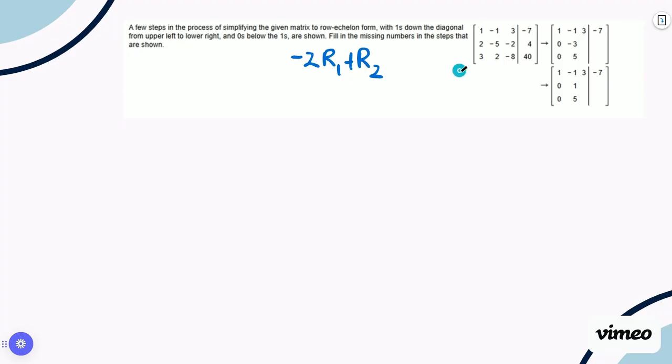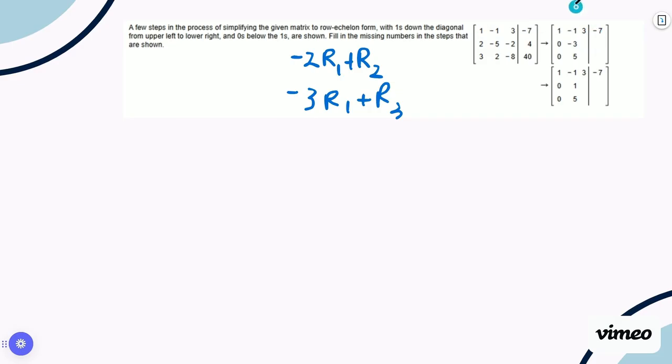That would be negative 3, to get 0. So then I want to multiply everything in row 1 by negative 3, and then we will add that to row 3 to get our new row 3 with a 0 in the beginning. So let's go ahead and find what's going to be the missing answer here and here.